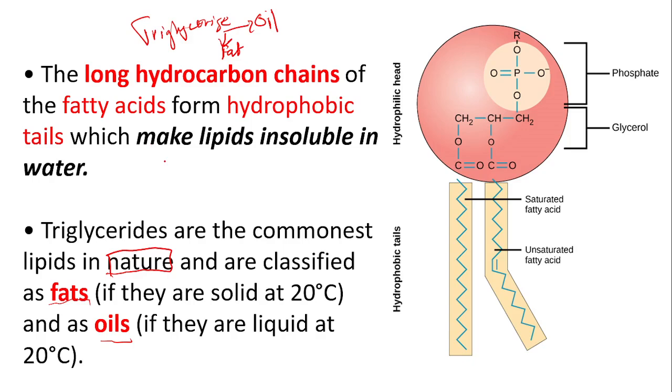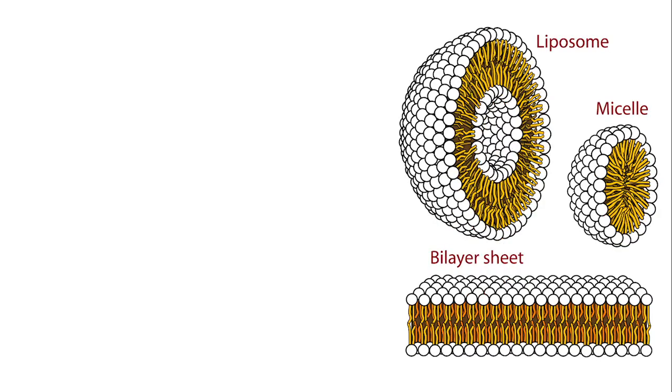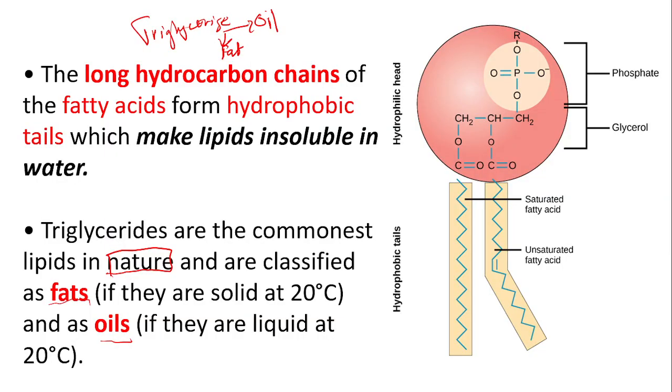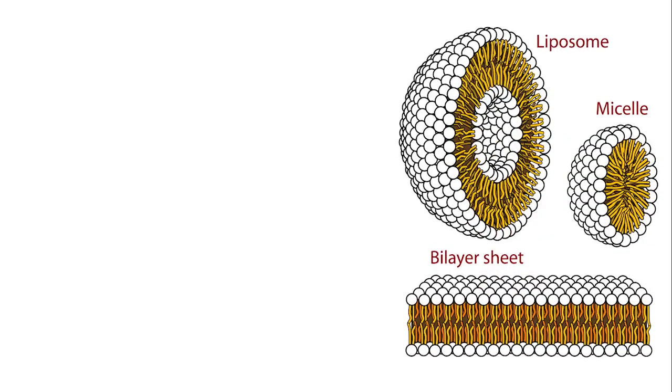The diagram here is about the phospholipid, which I'll talk about later on. This diagram is for phospholipid, but this explanation is just an added explanation on triglycerides, which are classified into fats and oil. I think I've already talked about phospholipids.